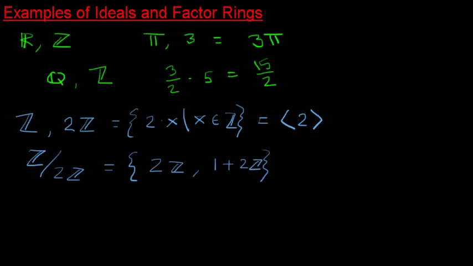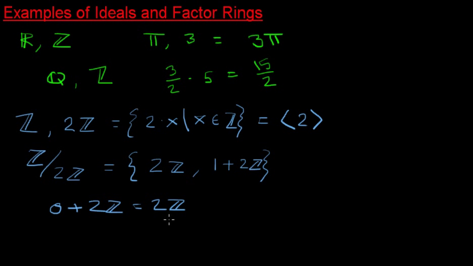So maybe you're saying this looks like a very strange ring, and thinking back to our ring definition, you're wondering, well, what is the zero of this ring? The zero of any factor ring is always going to be whatever coset you mod out by. It's 0 plus your coset. So in this case, 0 plus 2Z, which is just 2Z. Usually you won't really see it written as 0 plus 2Z.